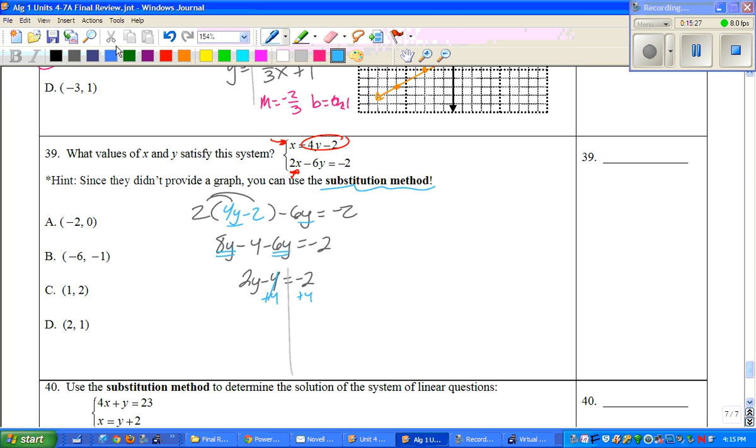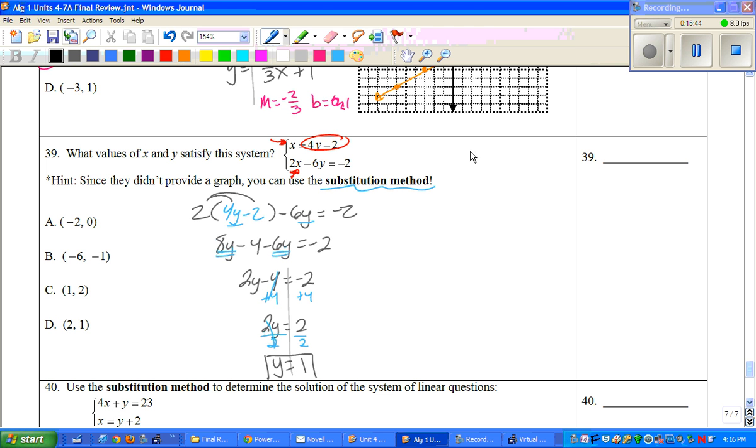Add the 4 to both sides. 2y equals 2. Divide by 2. Y equals 1.